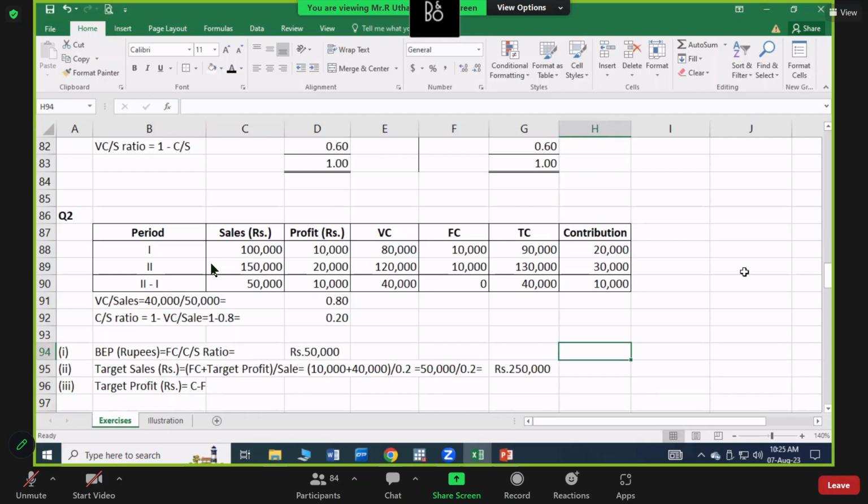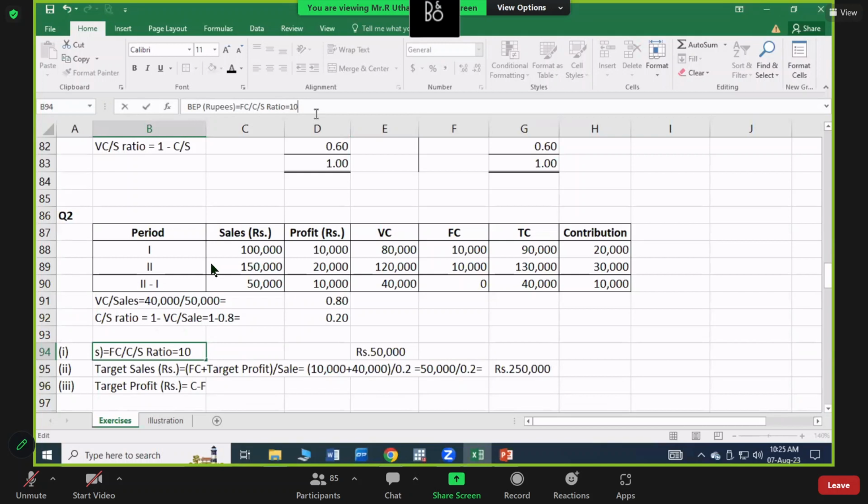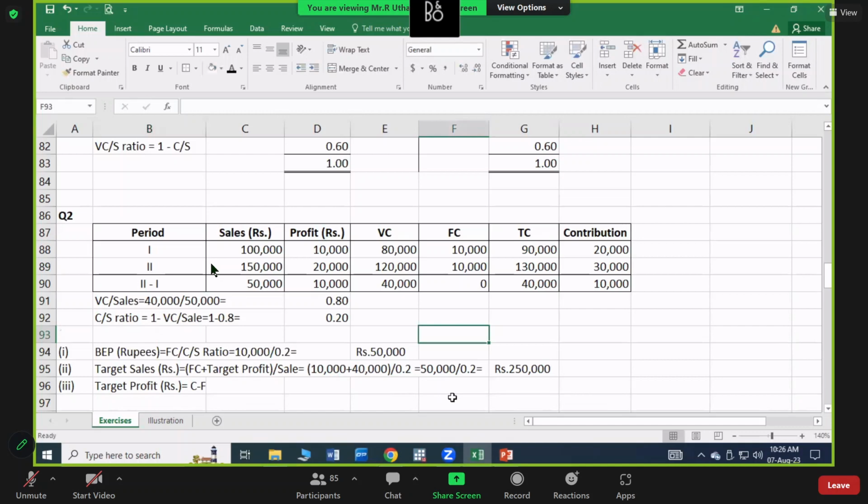So target sales. Next question. Here also, if you want, you can substitute the fixed cost 10,000 divided by 0.2. This should be those.